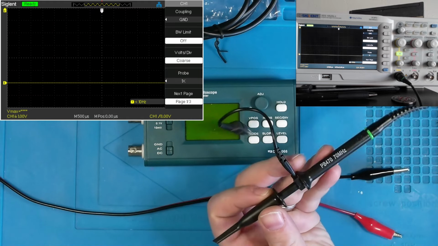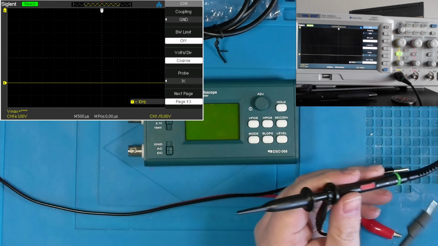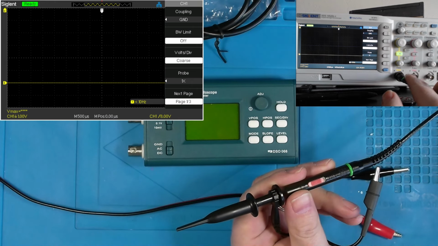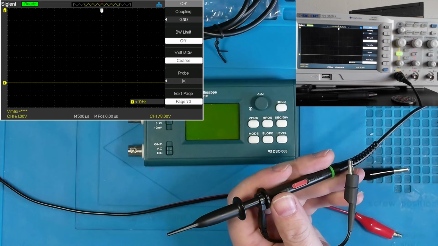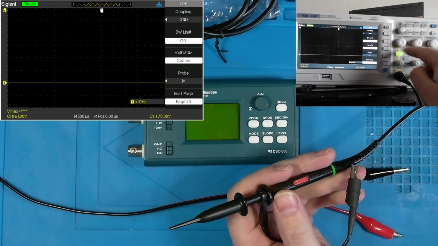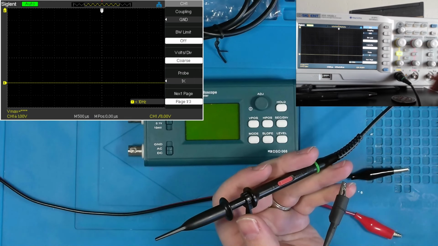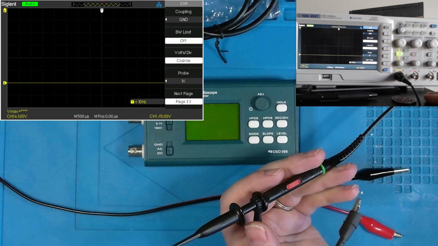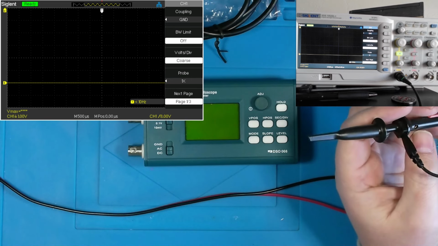Anyways, so I've got my 1 megohm oscilloscope probe plugged up to channel 1 on my digital storage oscilloscope. Now, when I turn it on, I can actually turn on and off channel 1. That's something for you to recognize. But the first thing we need to talk about is probe compensation.